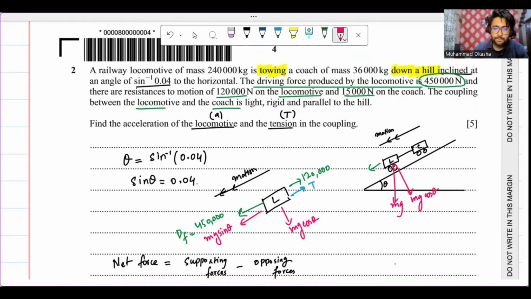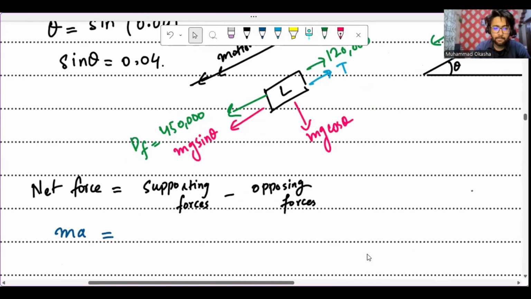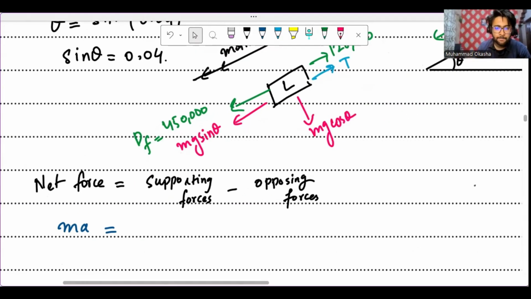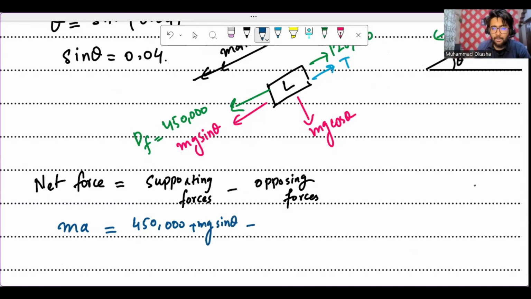Because it's moving downwards, and the plane is this way, this direction is going to be mg sin theta. Cool. So the other force that is really supporting the locomotive is mg sin theta as well. I'm going to put that in there. So 450,000 plus mg sin theta.